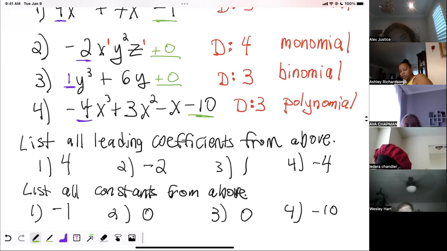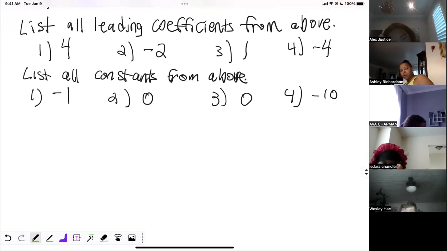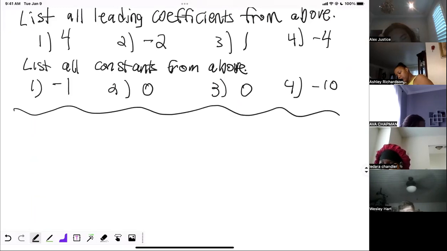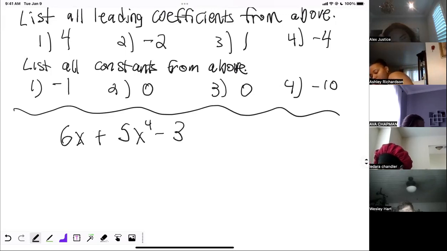Now, one more thing, just to make sure, because I'm writing everything in standard form. What do you do if it's not written in standard form? So let's look. Say I give you this polynomial. Oops, make this a 3.